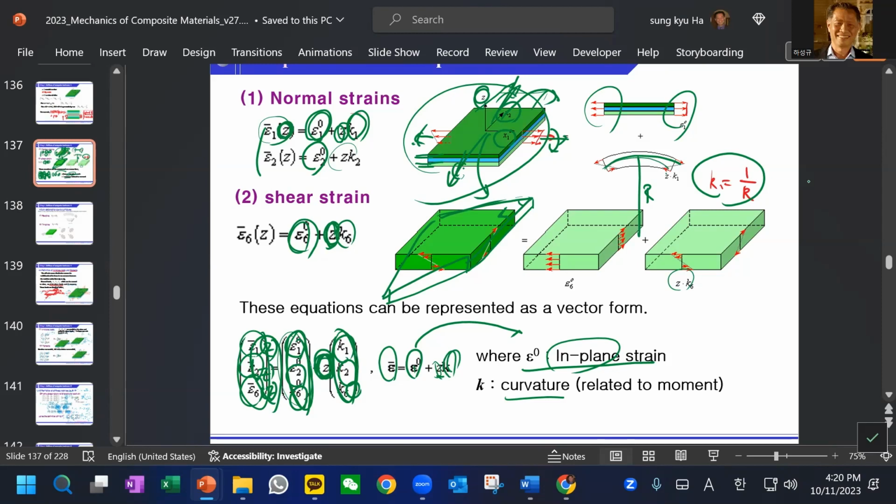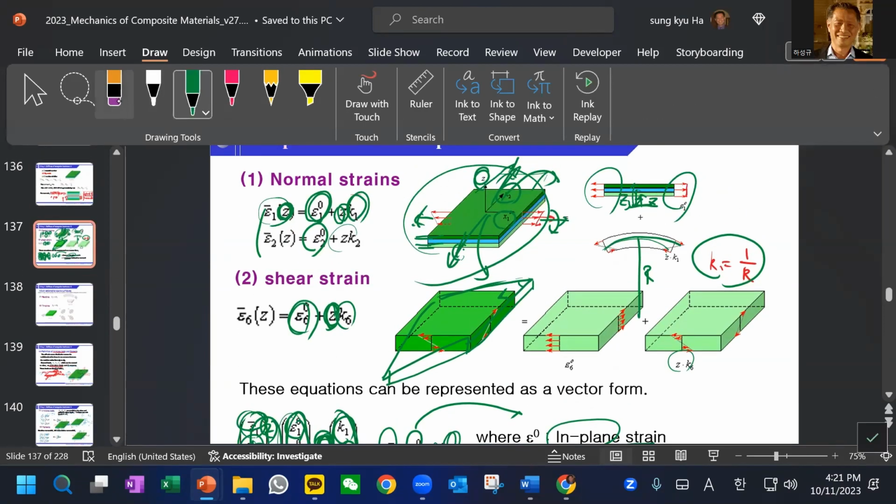So depending on the position, the only difference is that there will be a Z coordinate. So for the first ply, second ply, third ply, we have a different Z: Z1, Z2, and Z3. So we know the coordinate system, and that's how we can calculate the strain of each ply.